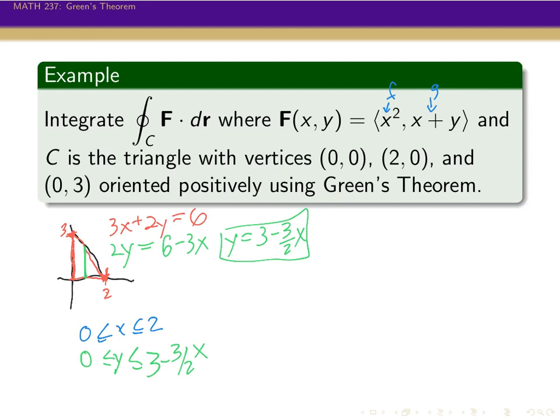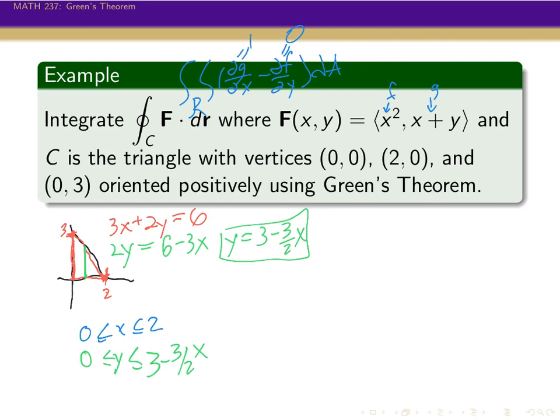So our double integral is, remember from Green's theorem, over the region of the partial of g in terms of x minus the partial of f in terms of y dA. The partial of f in terms of y, there's no y's in there, so that's equal to 0. The partial of g in terms of x, so x plus y differentiated in terms of x is just going to be 1.